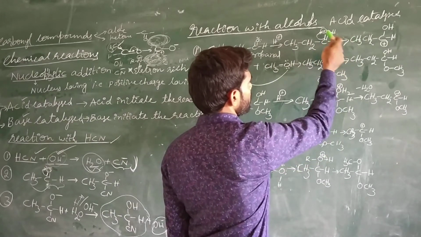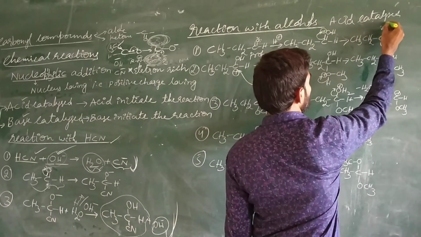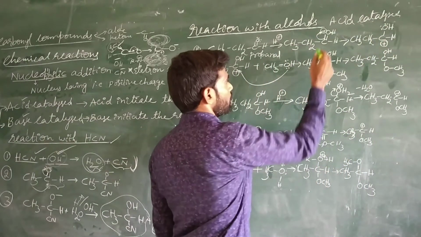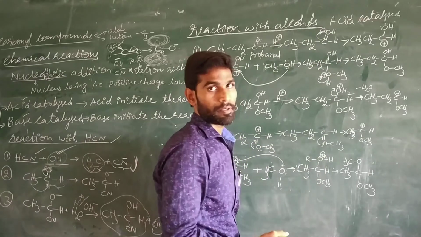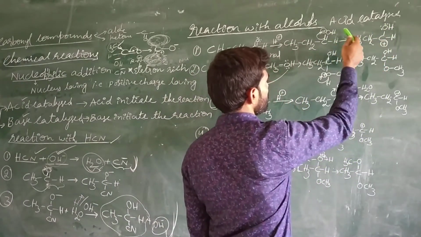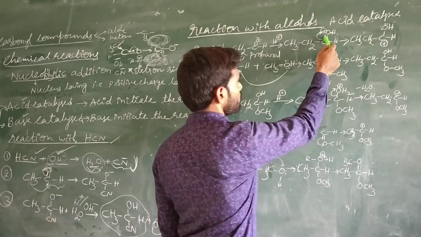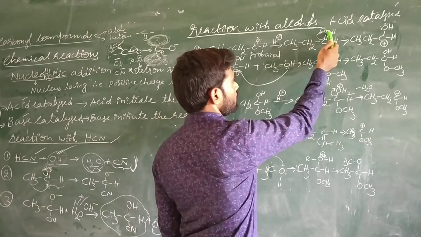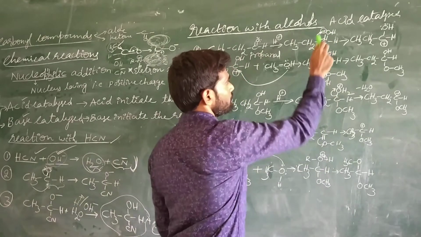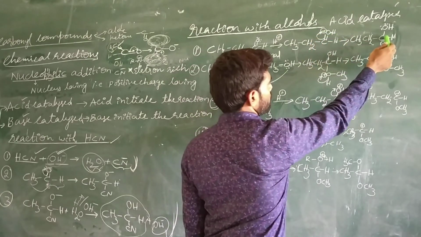Again, oxygen is getting its lone pair of electrons because these pi electrons are attracted towards the oxygen atom. Now the oxygen is neutral. Even though the oxygen is attracting these pi electrons, this oxygen already has positive charge. That positive charge is neutralized now due to acceptance of these pi electrons.